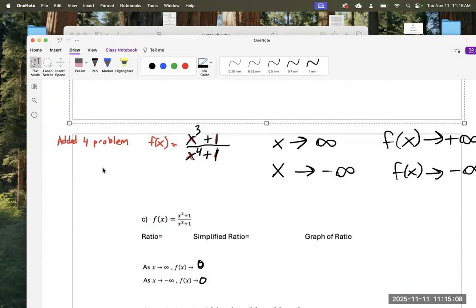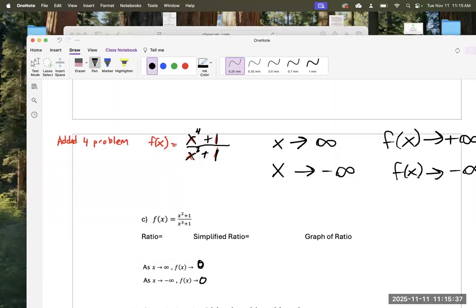Now, I actually added a fourth problem in here. It's not actually on a practice test, but I meant to do a problem where the numerator's degree is larger than the denominator's. So I'm going to graph this one and see what that looks like.